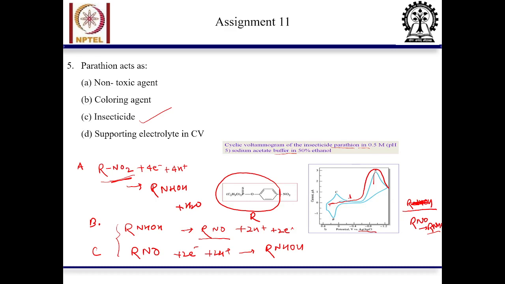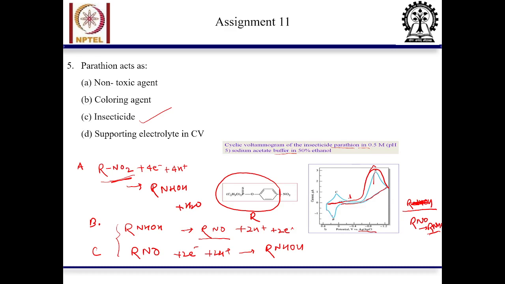What will happen from here? Since we don't have RNO, we will not see any peak here in cycle number one. In cycle one, the current goes and increases. This corresponds to RNO2 going to RNHOH, and since it is irreversible, when it comes back you will not see the other peak, and this peak corresponds to RNHOH to RN.